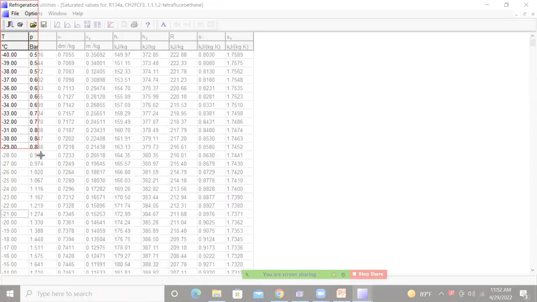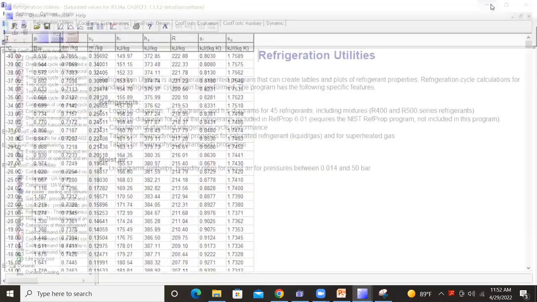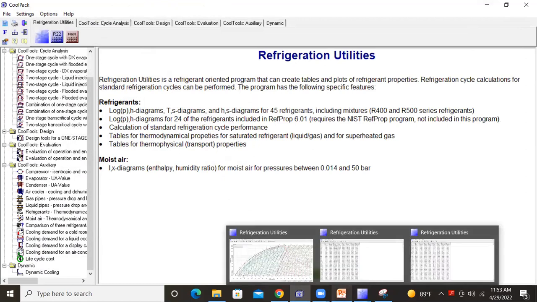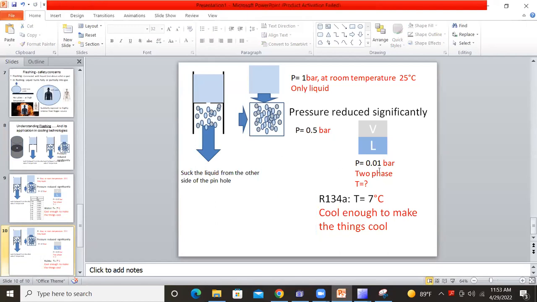Just imagination, sir. Now this is R134A. Pressure is 0.888.